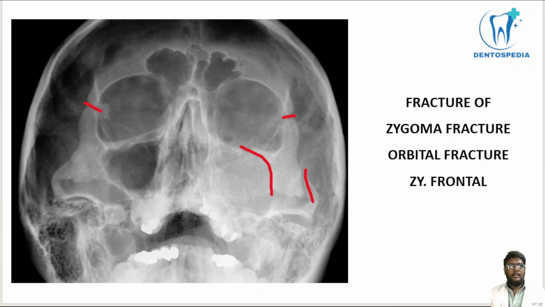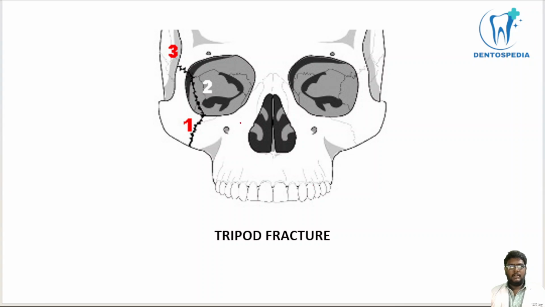Okay, and coming to the tripod fracture, you are seeing the fracture line at the lateral canthus, the outer canthus of the eye. You can see the fracture line involving the floor of the orbit and also the walls of the orbit and the zygomatic bone.